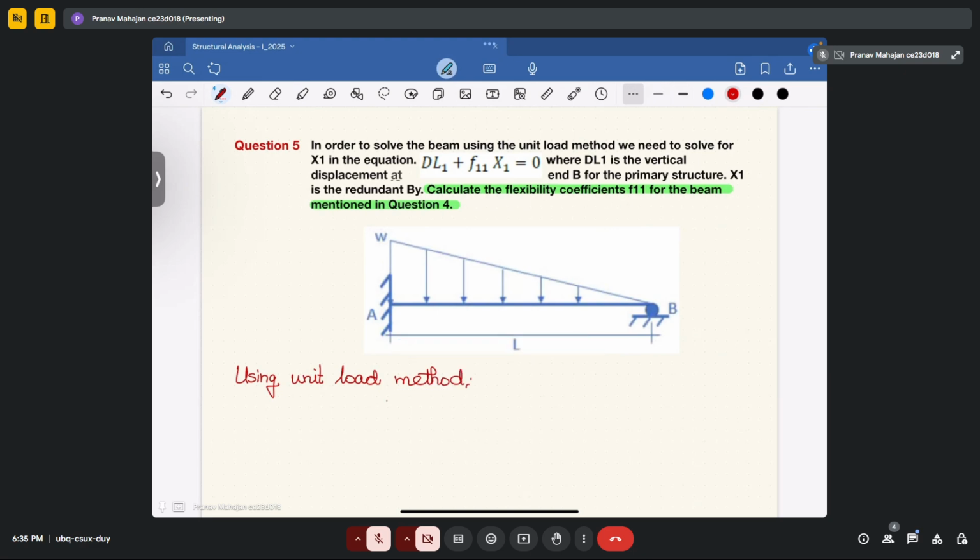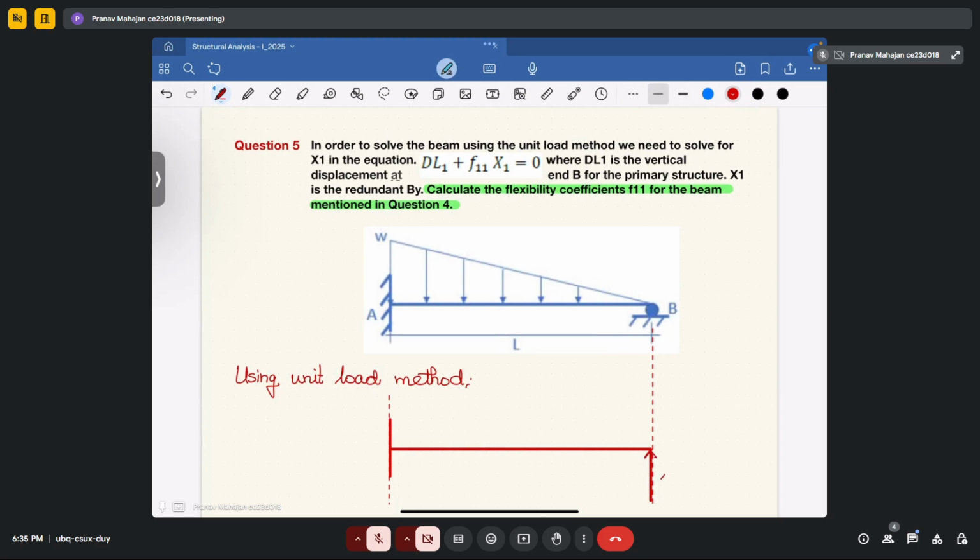Okay, so let's draw the diagram for this. So that will become your cantilever beam with a unit load at end B. Fine.